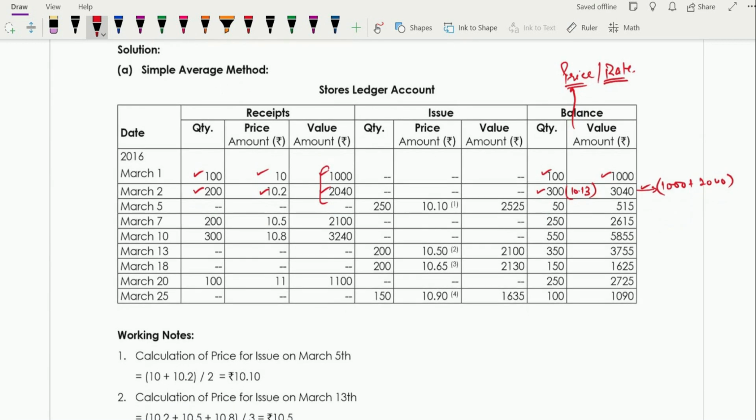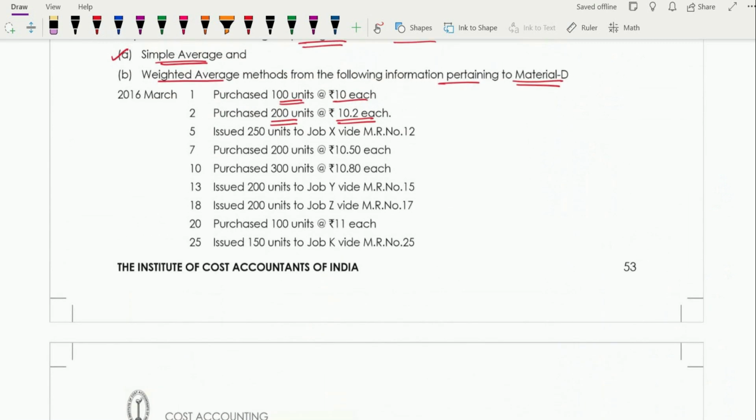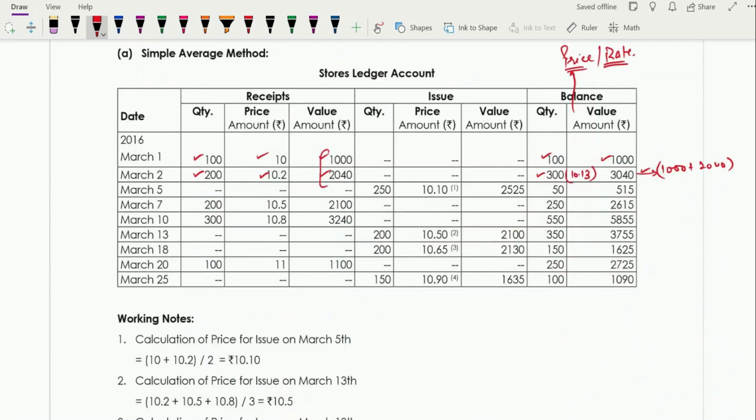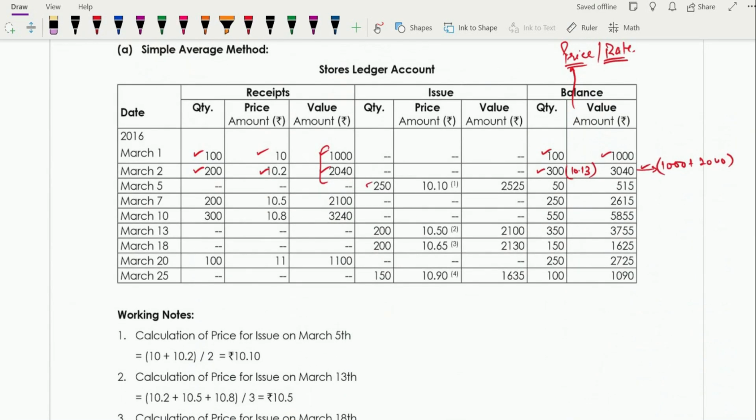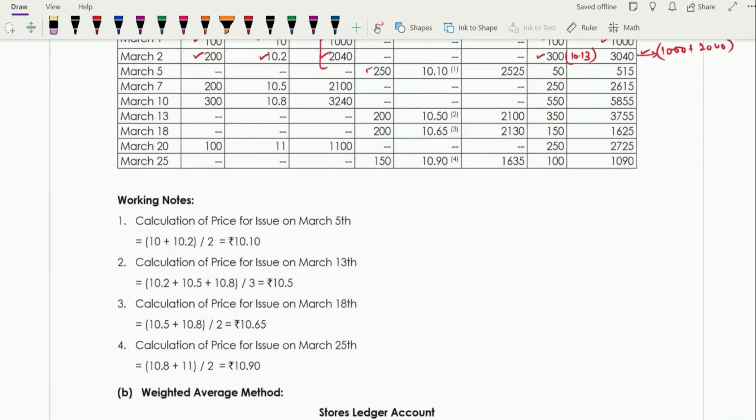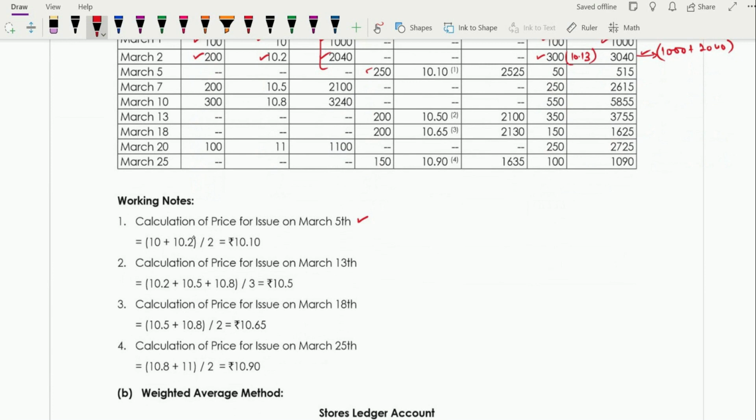Okay. Now, on March 5, what has happened? They have issued 250 units to job X, vide MRN number 12. How to calculate the simple average rate? The simple average rate, he says, for 5th of March is 10 plus 10.2 divided by the number of values, that is 2.